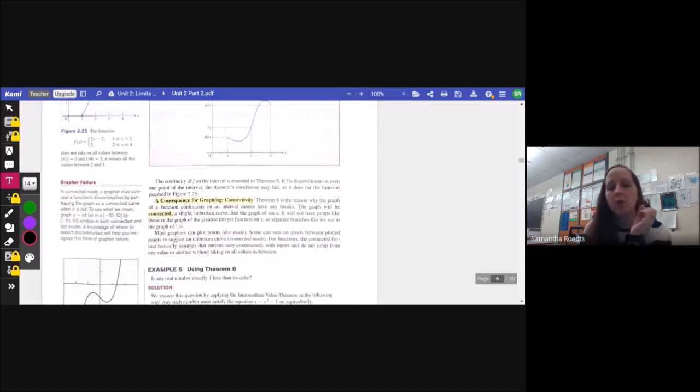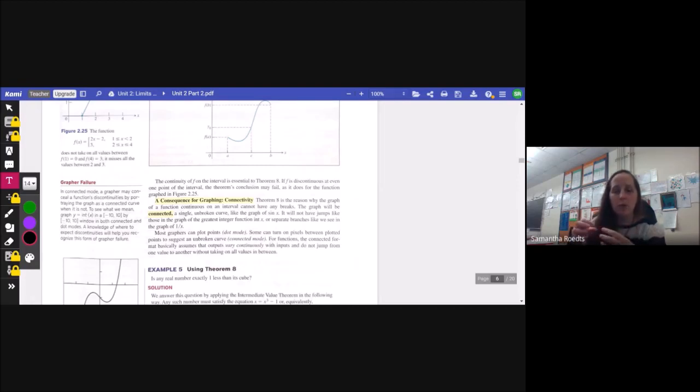A consequence for graphing connectivity: theorem 8 is the reason why the graph of a function continuous on an interval cannot have any breaks. So the graph will be connected, a single unbroken curve or line, like the graph of sine of x. It will not have jumps like those in the graph of the greatest integer function, or separate branches like we see in the graph of y equals 1 over x. So it's connected.